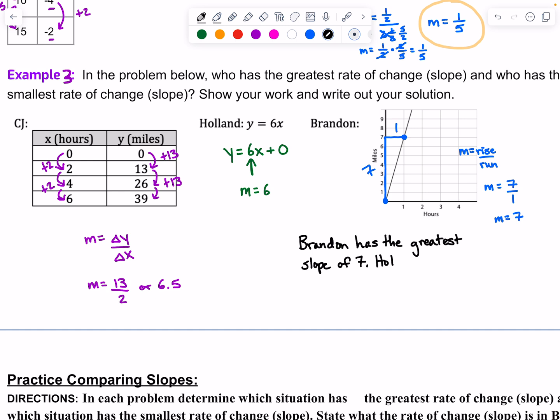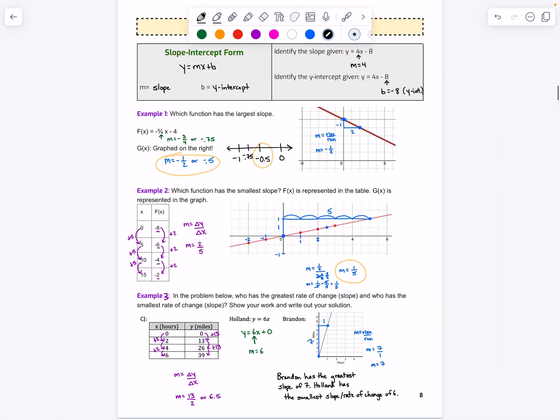So Holland has the smallest slope, and I'm just going to put a slash. That's also a good way to say rate of change for either one of those. It's just a little more to write, but it means the same thing. So Brandon has the greatest slope or rate of change of 7, and Holland has the smallest slope or rate of change of 6. Okay, so that's just a few examples of comparing slopes.